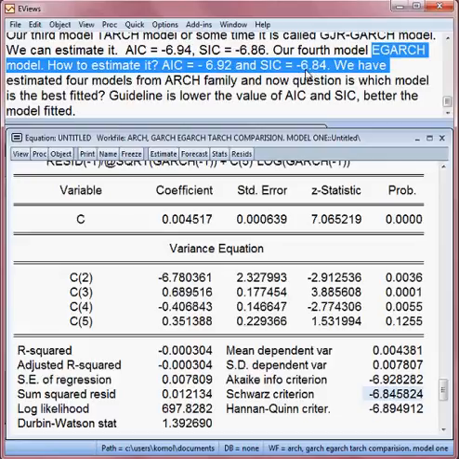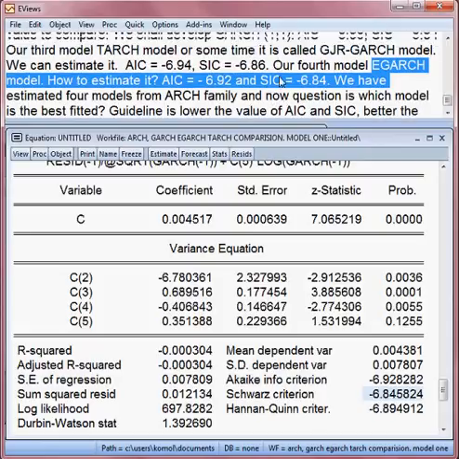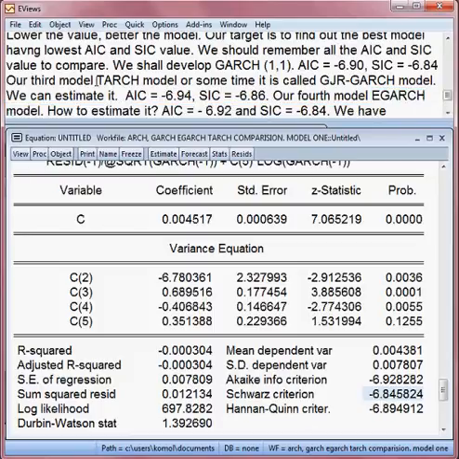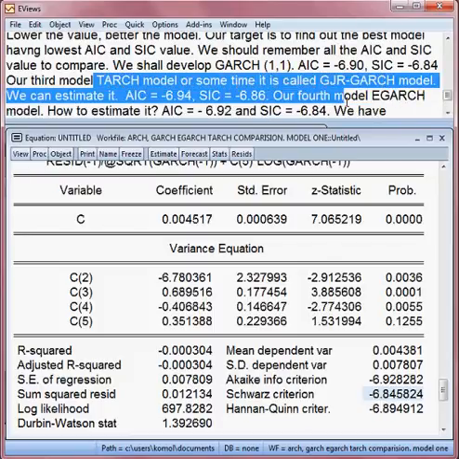Out of these 4 models, I think the TARCH model is the best, because it has the lowest value of AIC and SIC. So the TARCH model is the best.